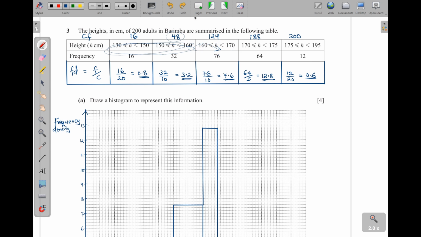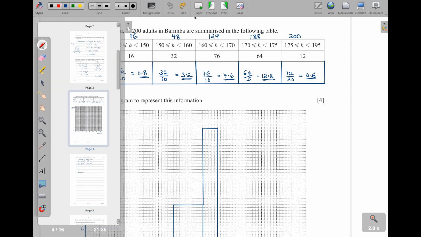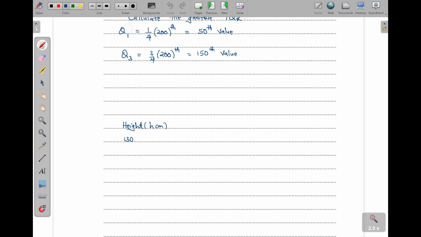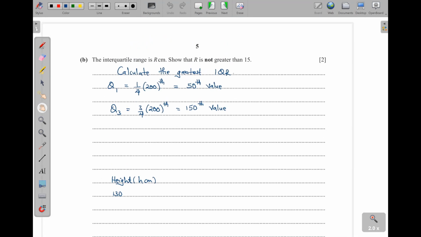So I'll pick this as my class where the 50th value lies, in other words, Q1. So I'll write the class within which it lies: 160 less than or equal to H less than 170.